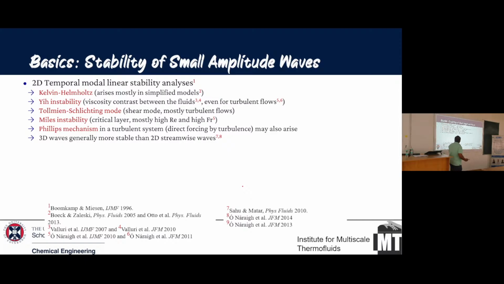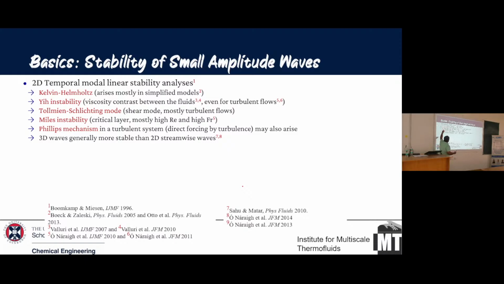It's called the Miles instability. It kicks off more towards the interface, but not exactly on the interface, close to the interface. It's like a pressure forcing which the interface feels very close to the interface, and that's how a Miles instability develops.